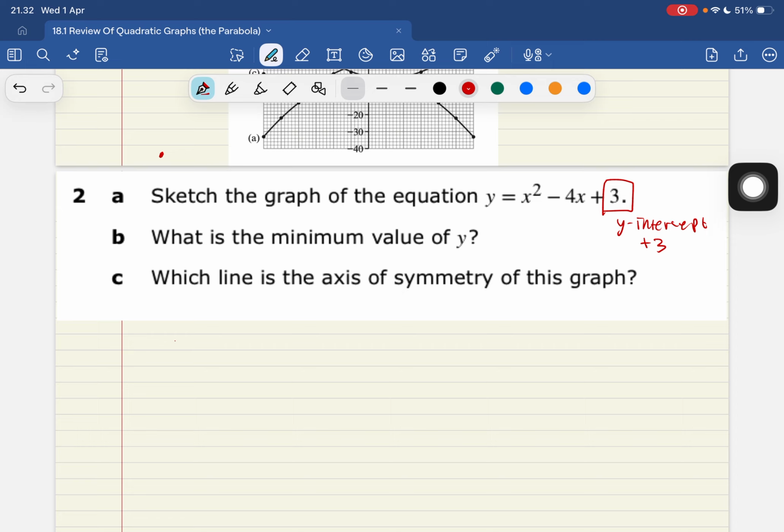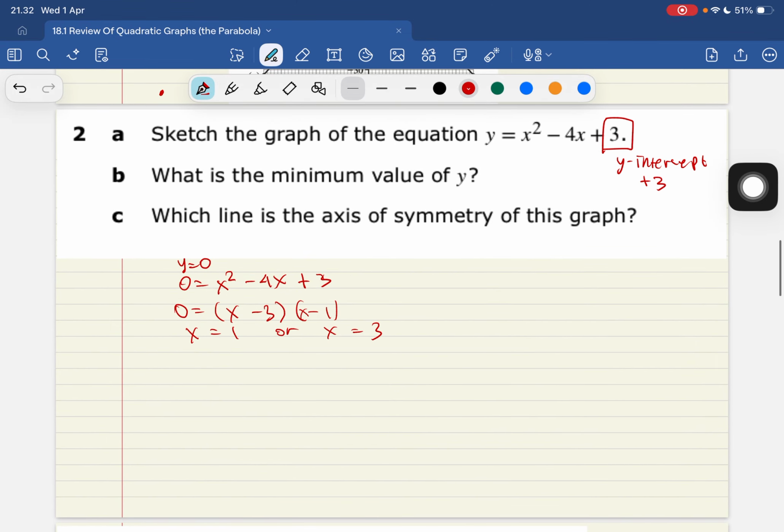We can set y equal to 0. So 0 equals x squared minus 4x plus 3. We can factorize it: (x minus 3)(x minus 1) equals 0. So x equals 1 or x equals 3.